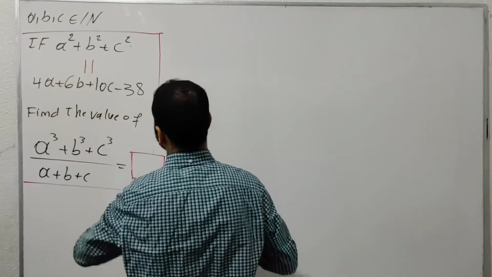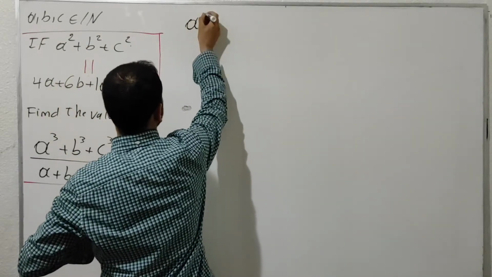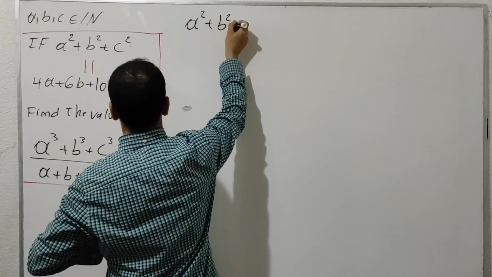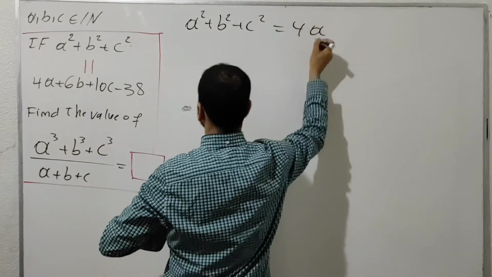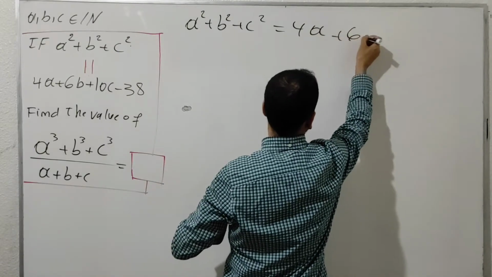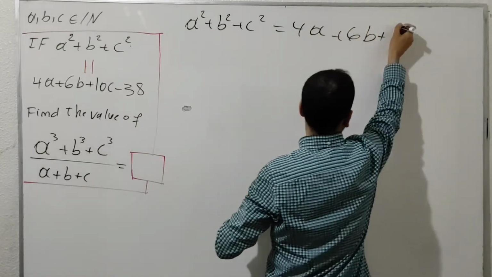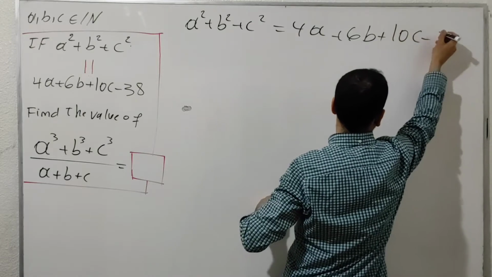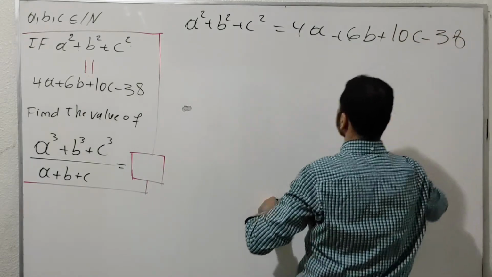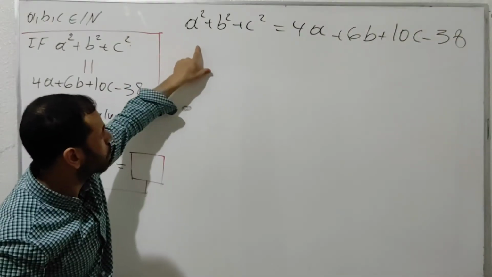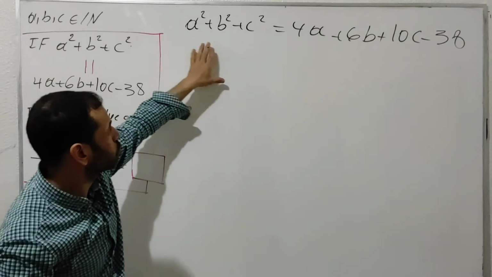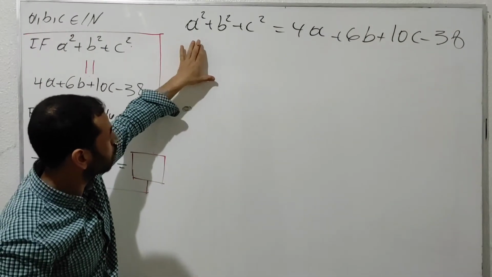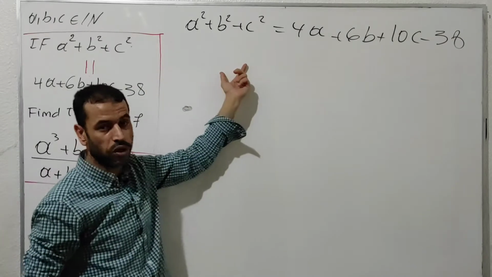I have this expression: a squared plus b squared plus c squared equals 4 times a plus 6 times b plus 10 times c minus 38. It seems we have a perfect square here, but we're missing terms. Now we are going to complete the square in order to build perfect squares here.